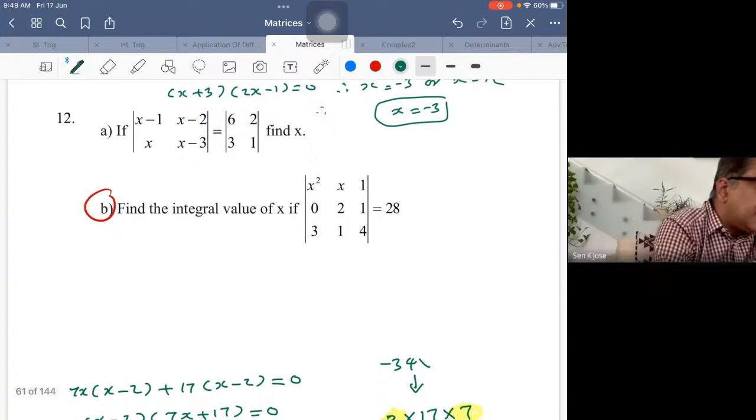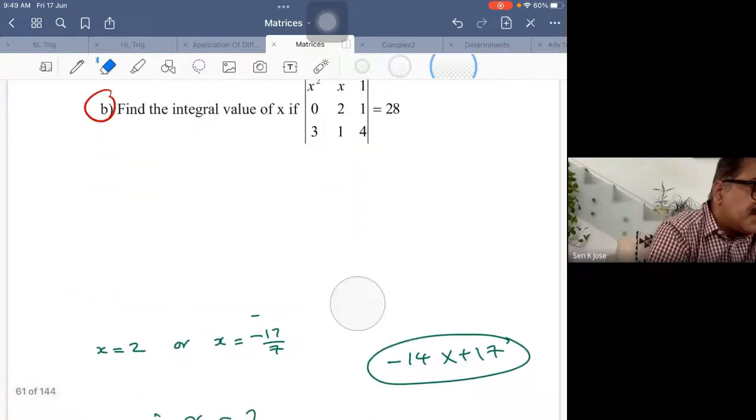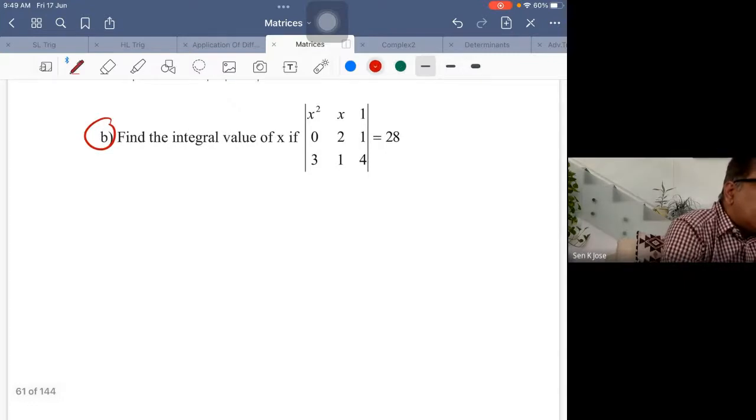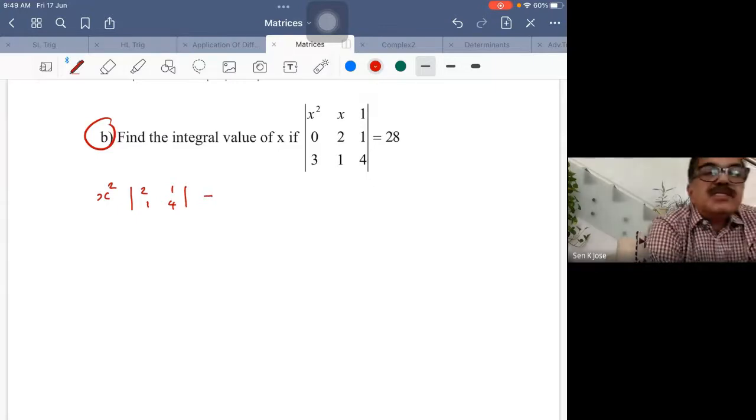Okay, so we have a determinant given to us. I copy the equation and start expanding. The first element is x squared, into its minor, which is 2, 1, 1, 4. Then the second position sign is minus. The element is x, into its minor.